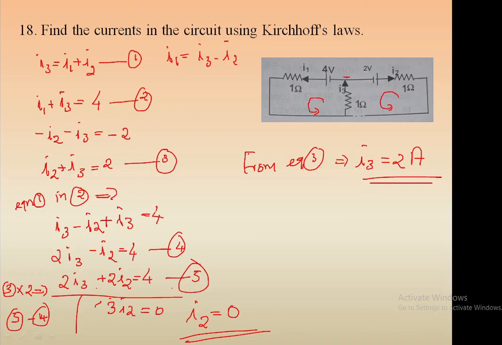And from equation number 1, we have I1 is equal to I3 because I2 equal to 0. Therefore, I1 is equal to 2 ampere. Now we have all the values of current. I1 equal to I3 is equal to 2 ampere and I2 equal to 0.